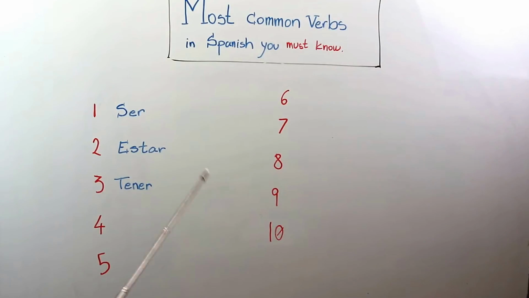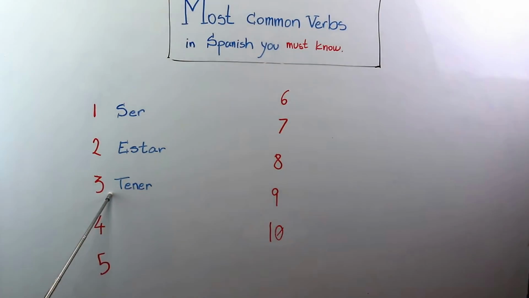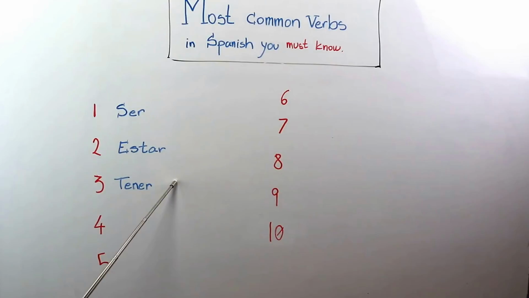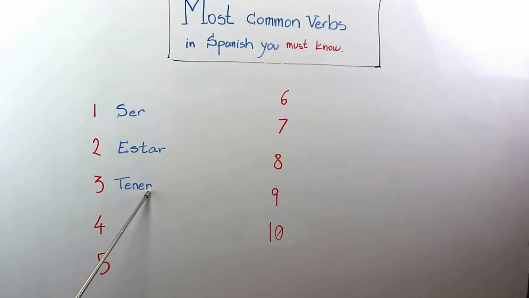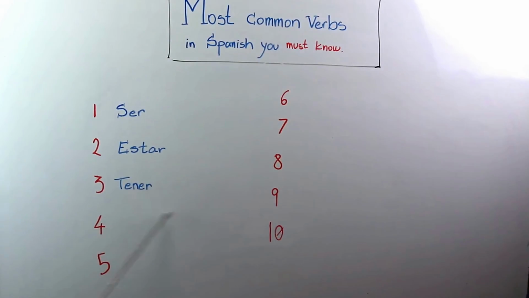Notice here we got verb número 3, which is tener. Tener means to have in Spanish. To have. And it is an ER verb because if you look at the 2 last letters at the end, it's an E and an R, and that is pronounced "er" in Spanish.